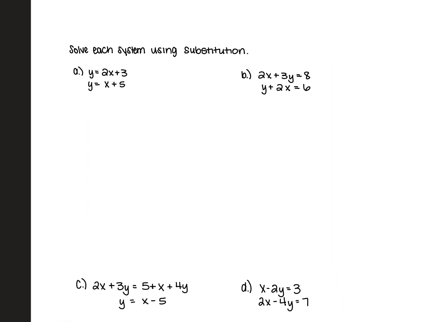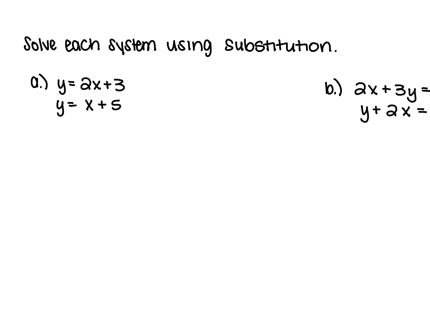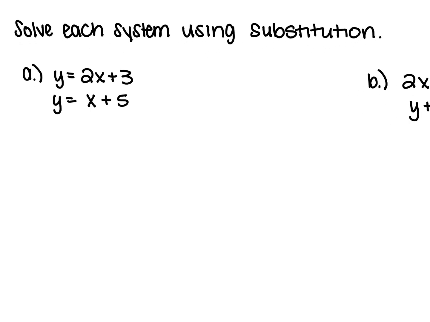For your next example, you have for A, y is equal to 2x plus 3, and y is equal to x plus 5. So use that second equation, take the x plus 5, plug it in for y, and solve for x. So that's going to give you x plus 5 is equal to 2x plus 3. Move your 2x over.